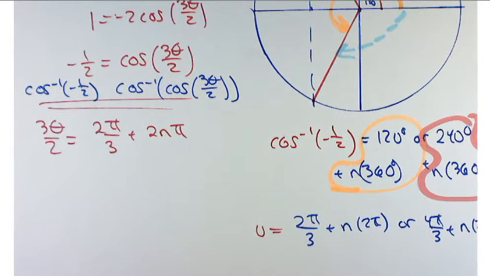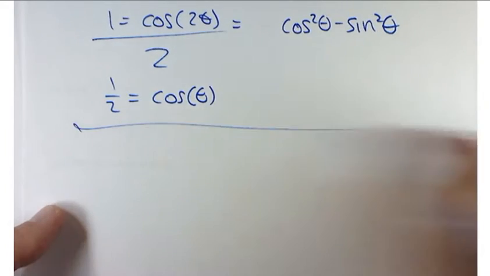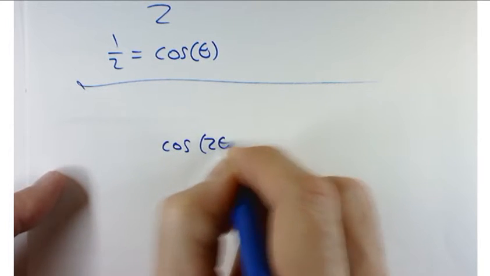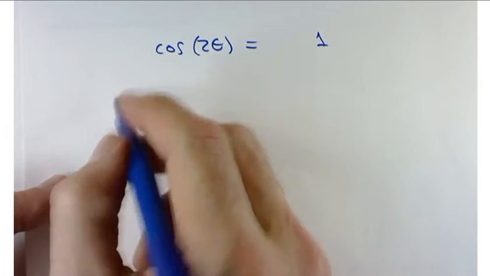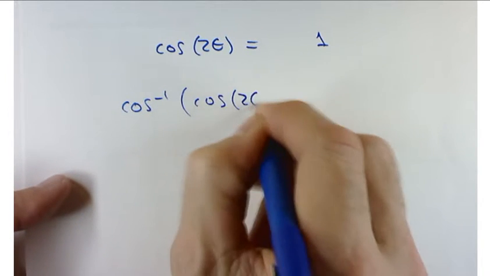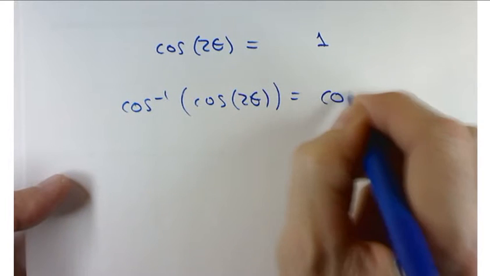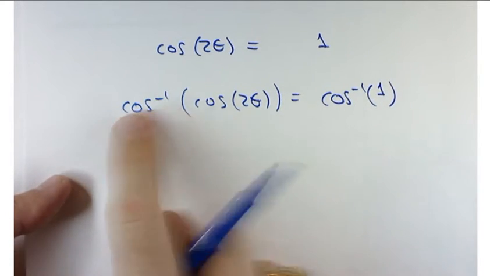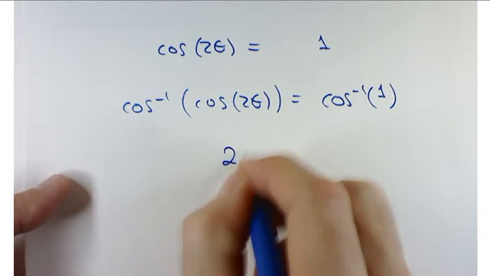For that one, if you had something like cosine of 2 theta equals 1, then what you would have to do is take cosine inverse of the left-hand side and cosine inverse of the right-hand side. These two cancel each other out, and you get your 2 theta.